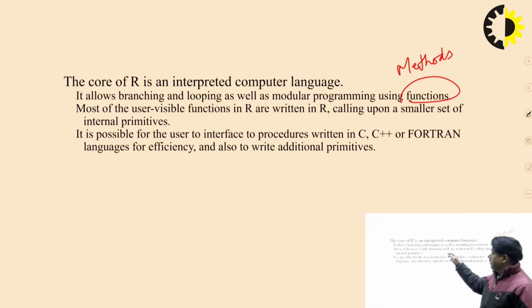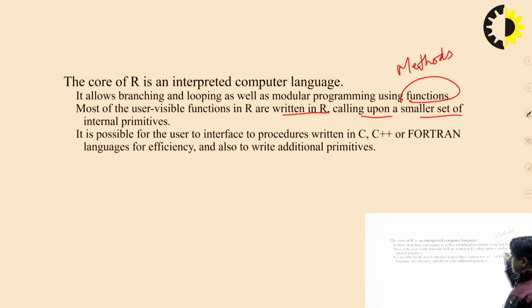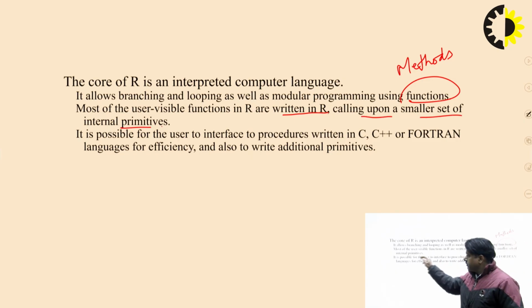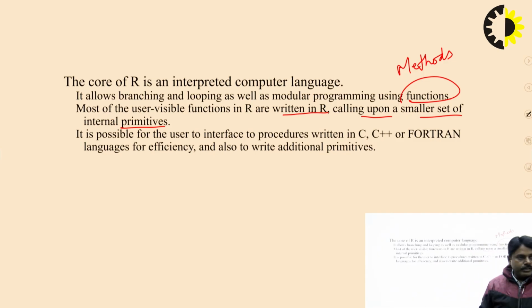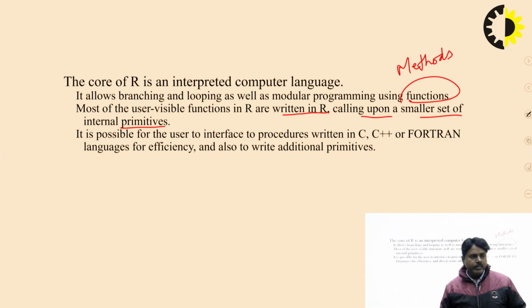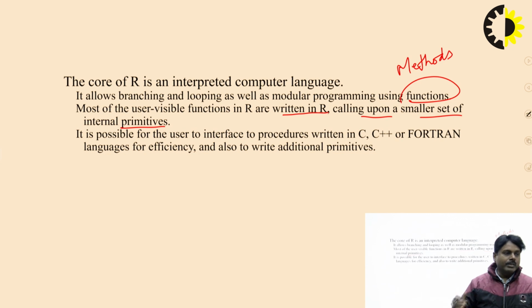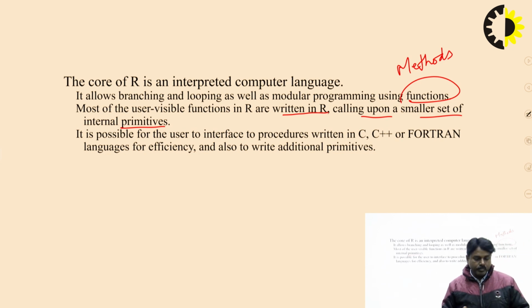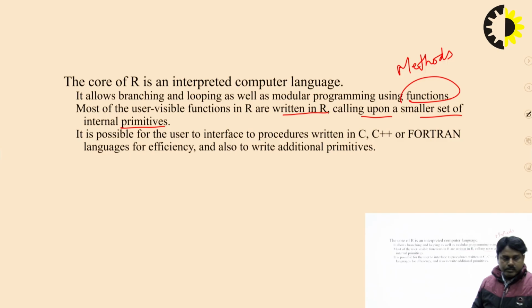Most of the user-visible functions in R are written in R only, calling upon a smaller set of internal primitives. Here, internal primitives represent the different primitive data types that can be used in those functions to work upon a particular activity.